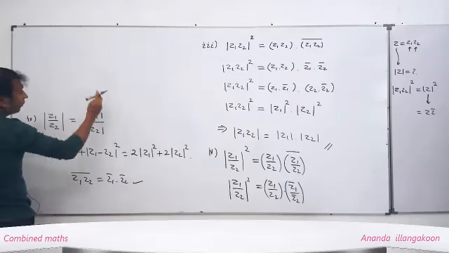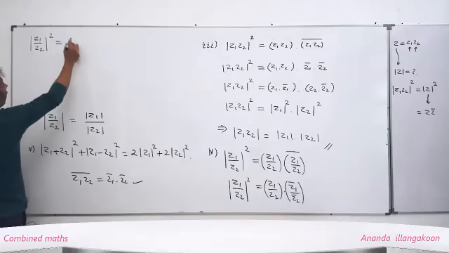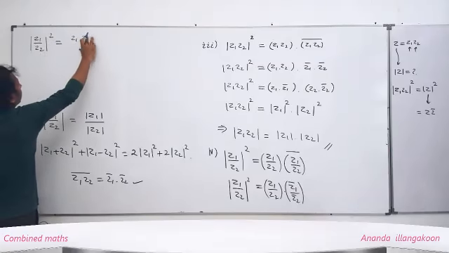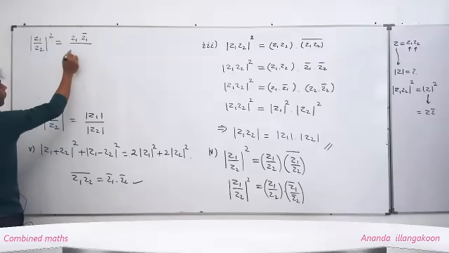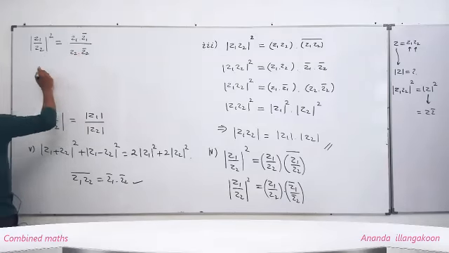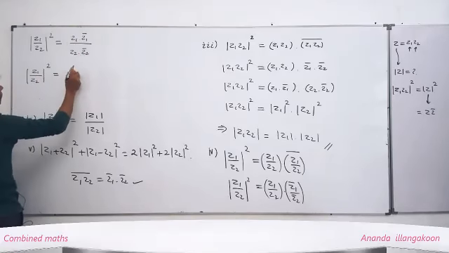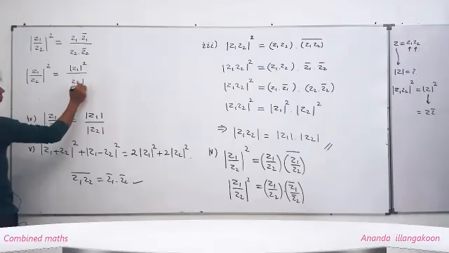Then we get modulus of Z1 divided by Z2, squared, is equal to Z1 into Z1 bar divided by Z2 into Z2 bar. This is nothing but modulus Z1 squared over modulus Z2 squared.